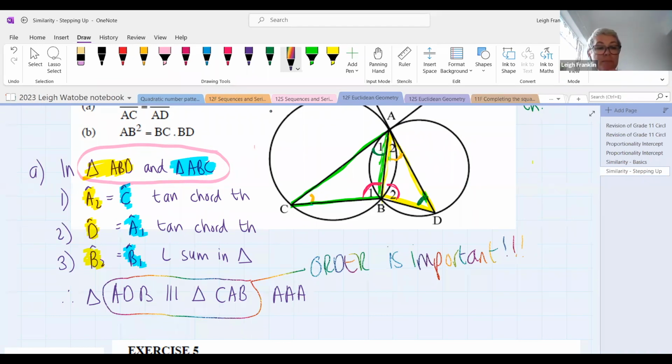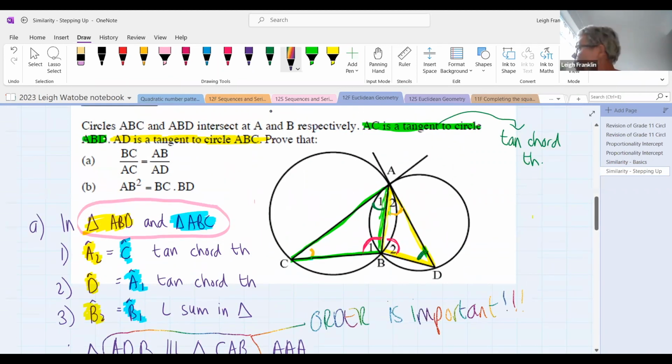If we mess up the order of the letters, we will never be able to make the proportion that they've asked us to prove. We won't be able to answer the question. So it's very important that we get our order correct.